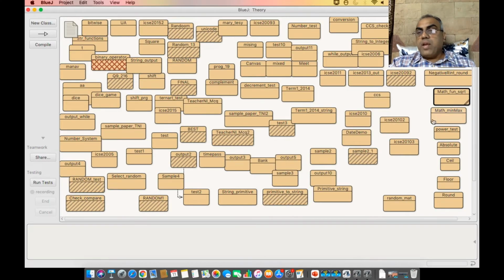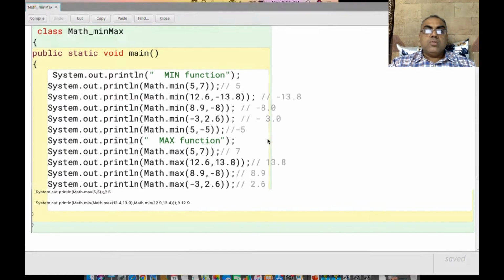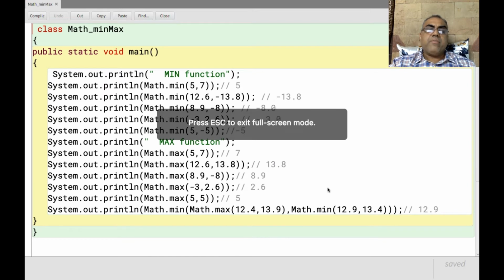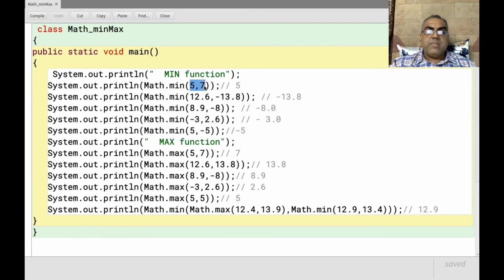Then you have Math.max and Math.min. Here is a set of functions that I have taken randomly. The first one says 5 and 7. Obviously we know 5 and 7 will return 5 in the case of min. Now here the decimal values will also be applicable.